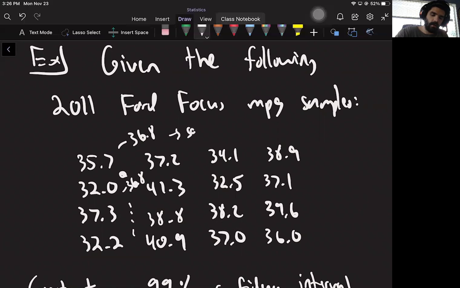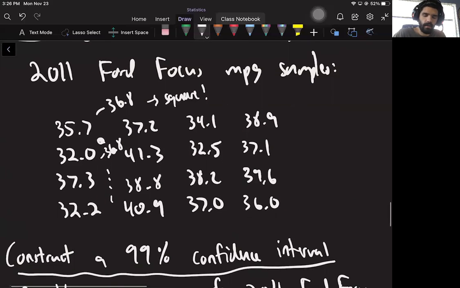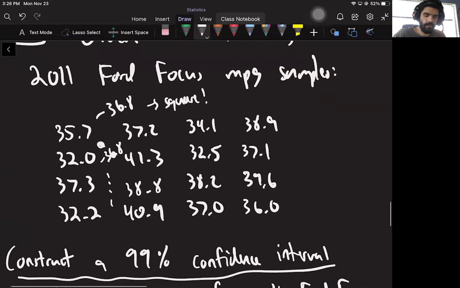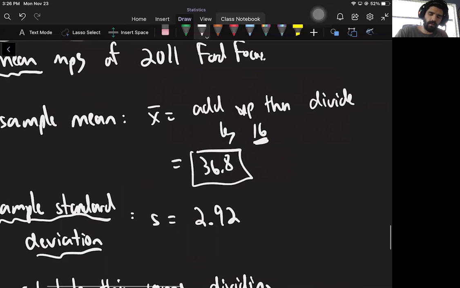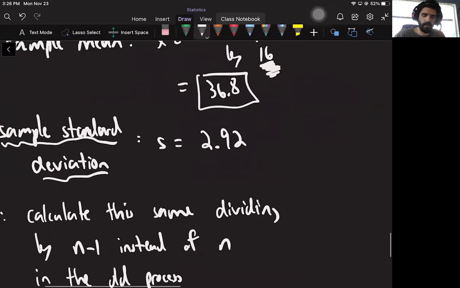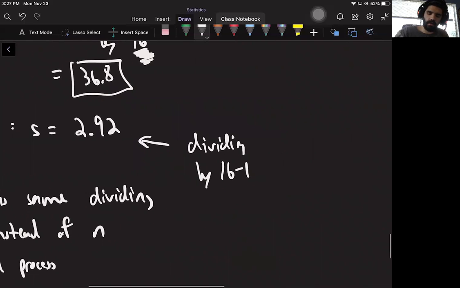Then you square everything, then you average those, and then you square root at the very end. When you average those, that's where you change n to n minus 1. So you divide by 15 instead of 16 in that process. You still divide by 16 when you get the mean, but here you divide by 16 minus 1, which is 15.